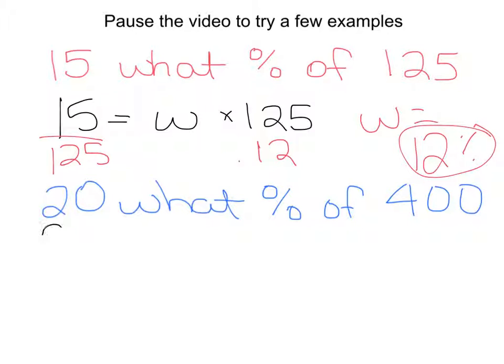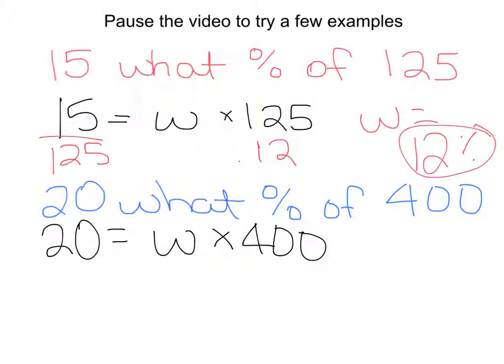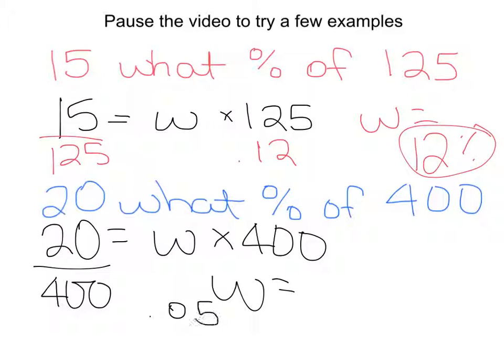The next example, 20 is what percent of 400? You divide both sides by 400, and you're going to get 0.05. So if you move that two places to turn it into a percent, you get 5%.